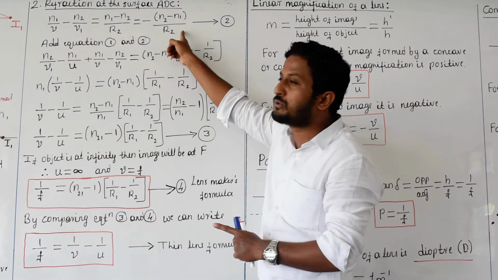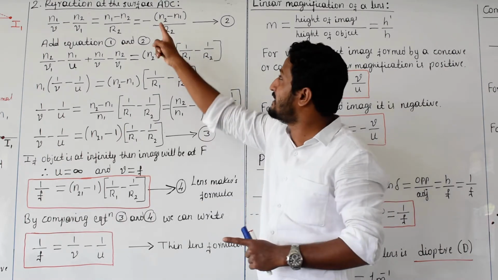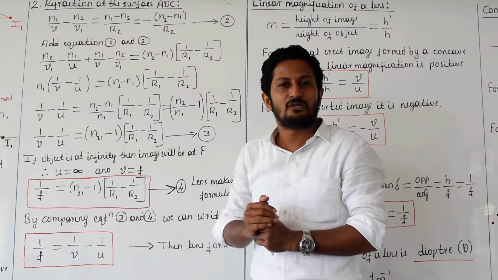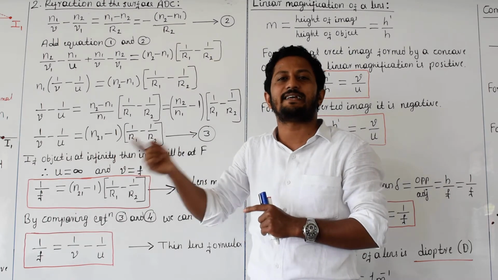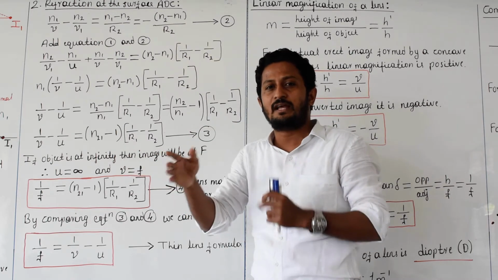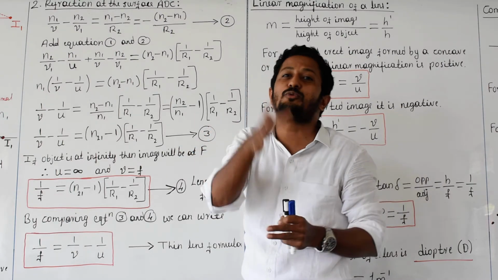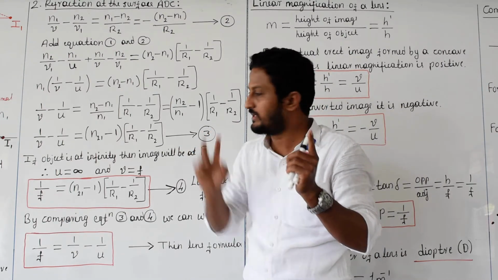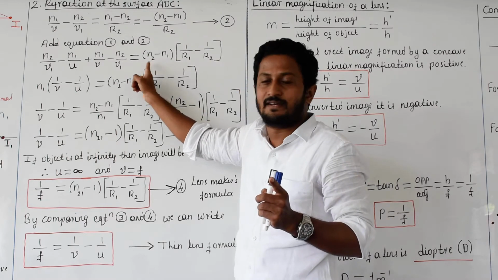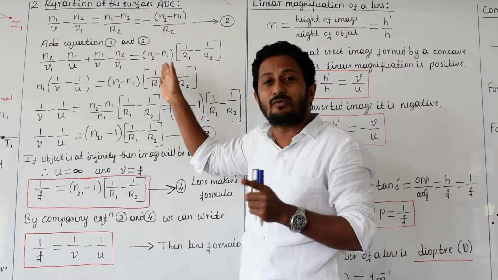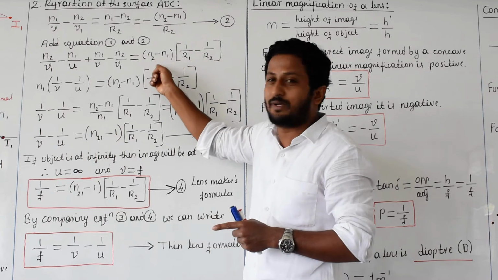In equation 2, the numerator is also n2 minus n1. So we take n2 minus n1 as common in the numerator. Have you understood? That's why I have written it like this.